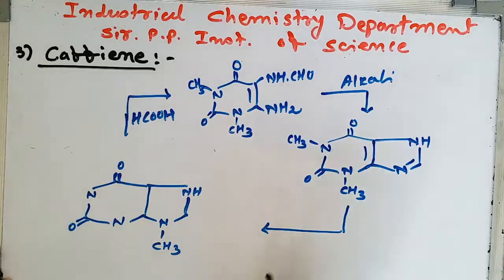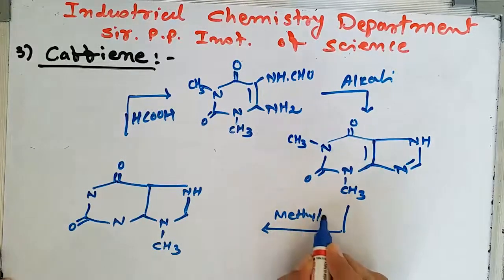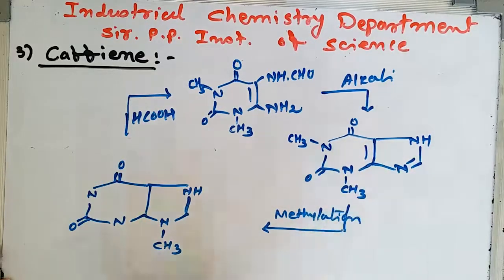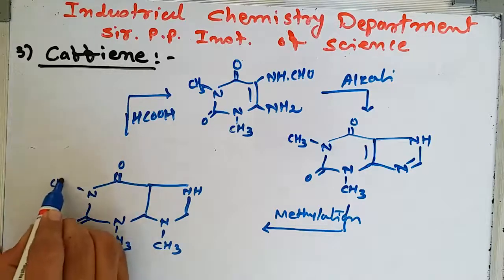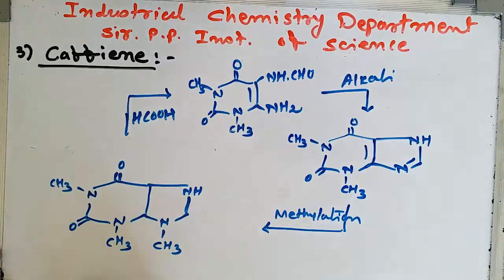After methylation, this is the structure of caffeine. So we synthesize this by the synthetic route from urea.